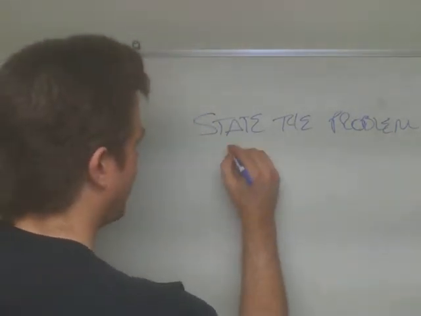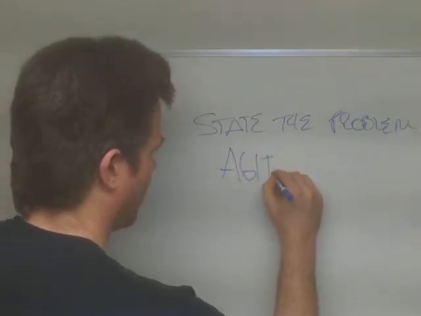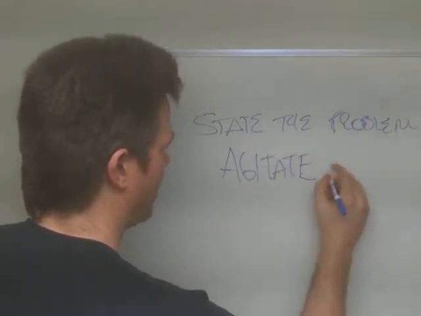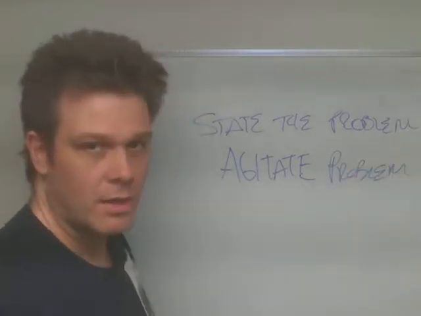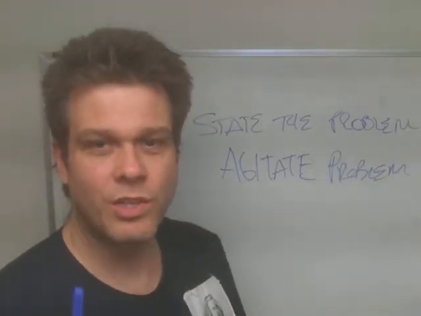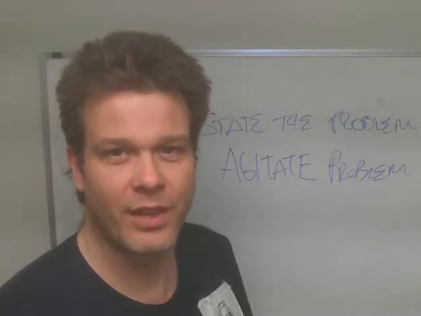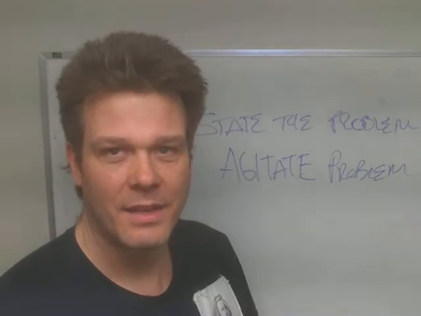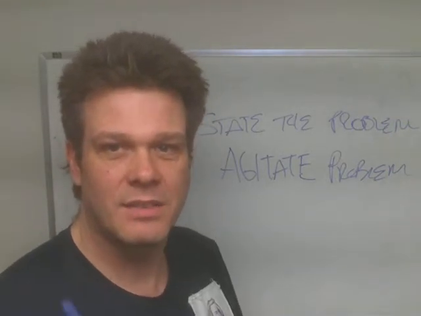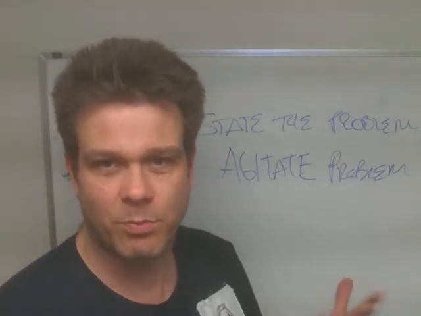You want to agitate the problem. You want to relate to that person on their level, and you want to use the terms and the verbiage that they use to describe their problem. Exactly. When companies send out surveys, they say, what's your problem? What's the biggest problem with X?